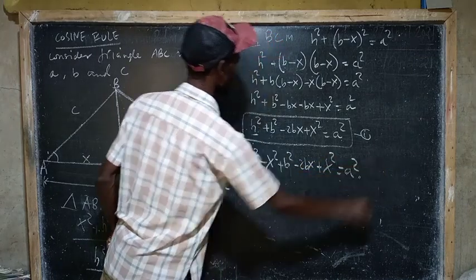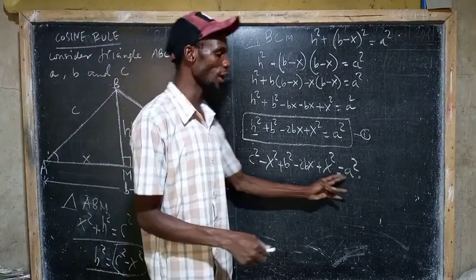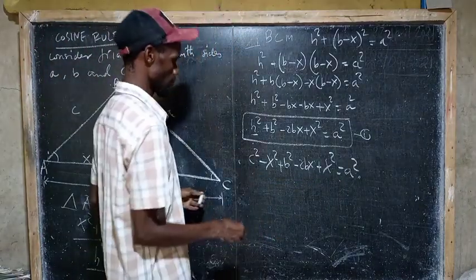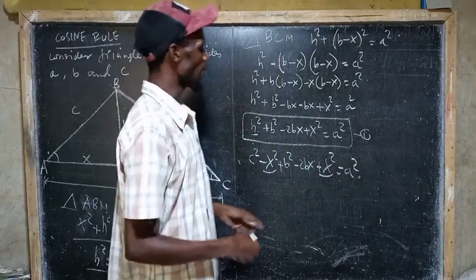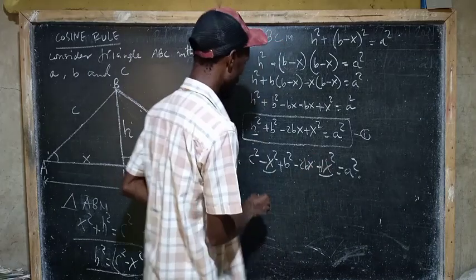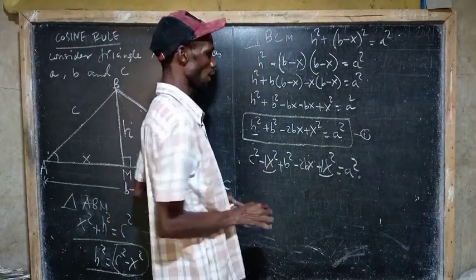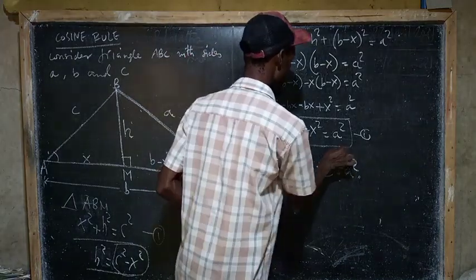But remember something: when you look at this equation, you find two like terms, the X squared and the X squared. They have the same coefficient, one here and one here, but the signs are opposite, so this becomes 0.